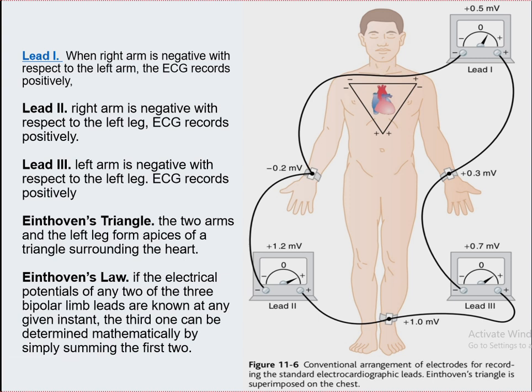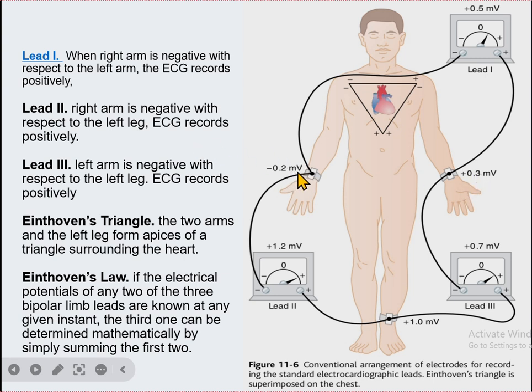You note that. So for lead 1, the negative terminal is put on the right hand. Then the positive terminal is put on the left hand. So here on this illustration, they have put the voltages. The voltage at the left hand is 0.3 positive.